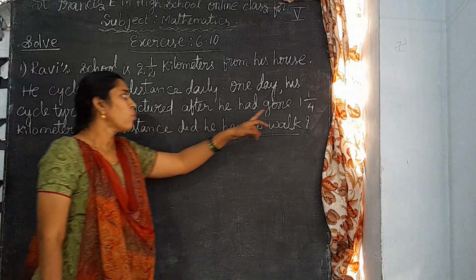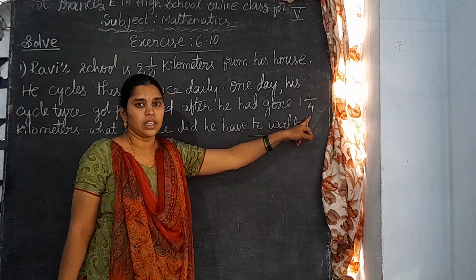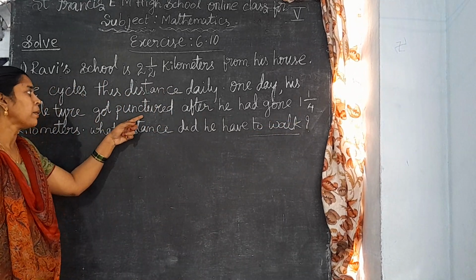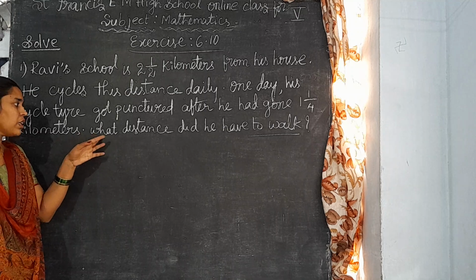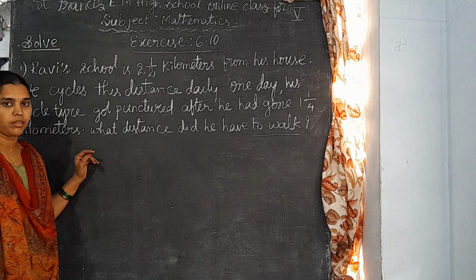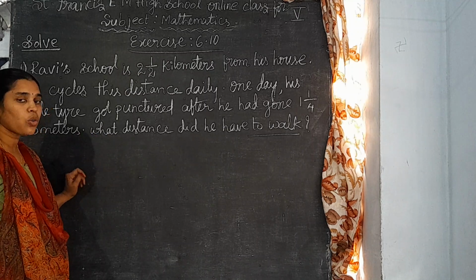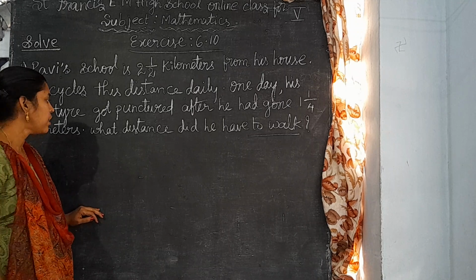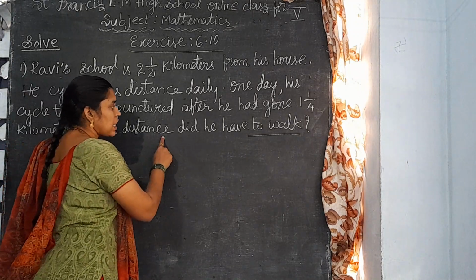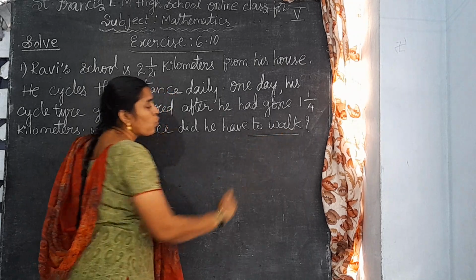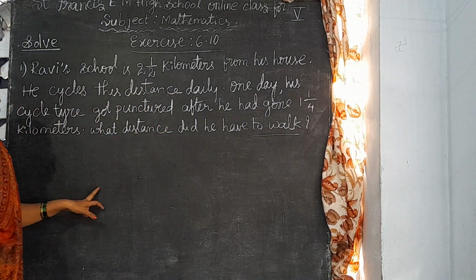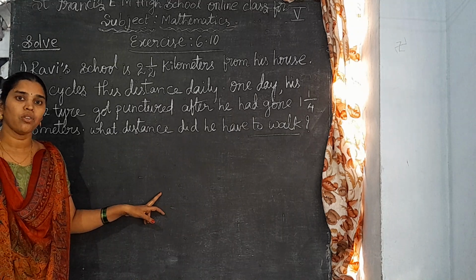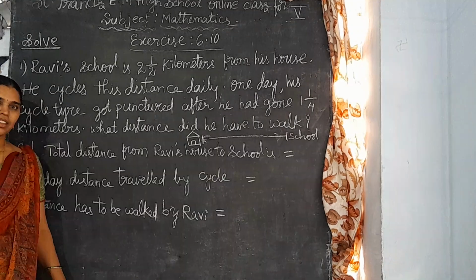After going 1/4 kilometers, the cycle got punctured. After that, how did he go? By walking. Right? So what is the question? What do you want to find out here? What distance did he have to walk? That you have to find out.